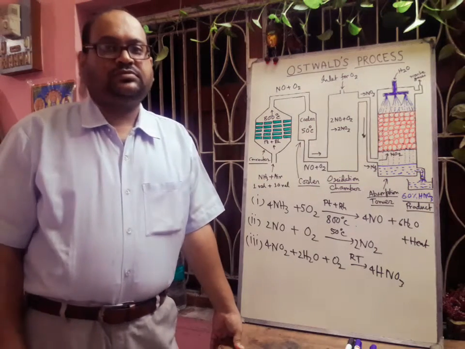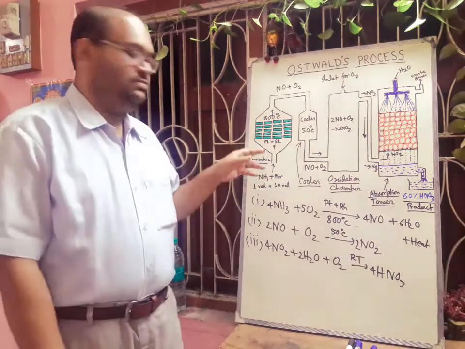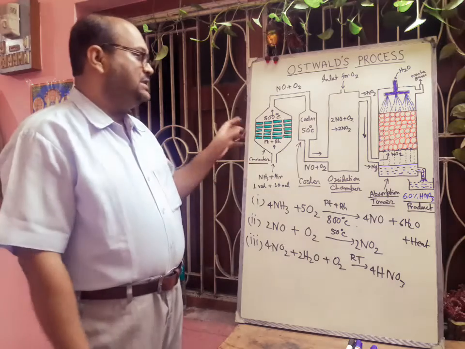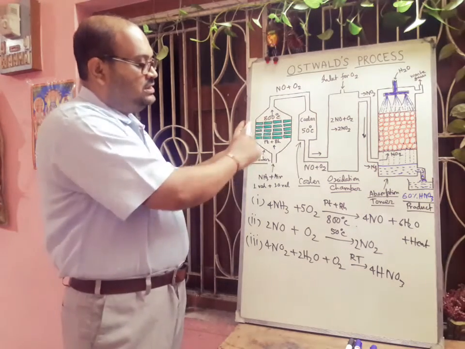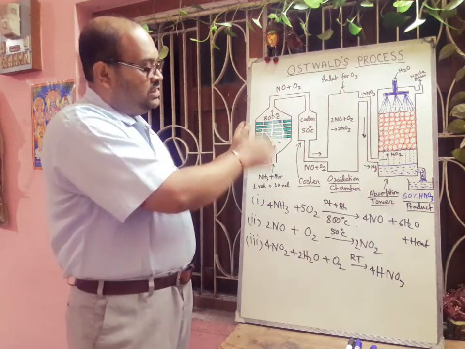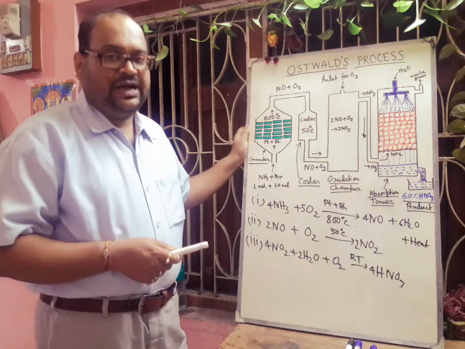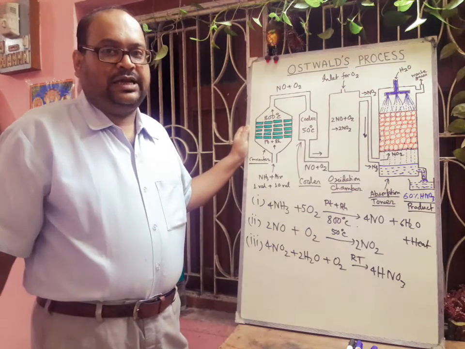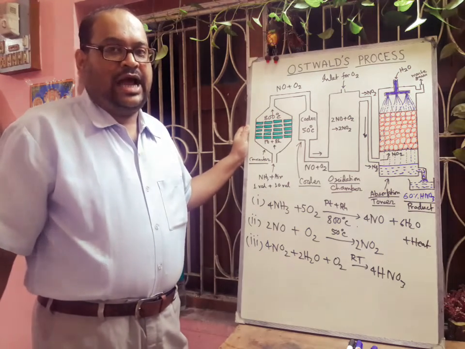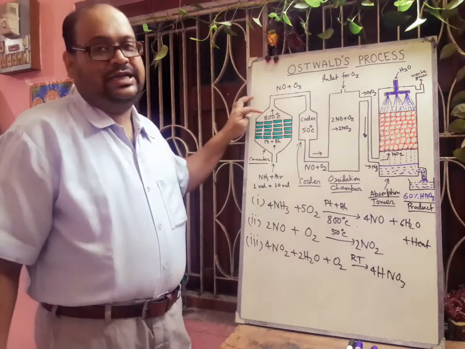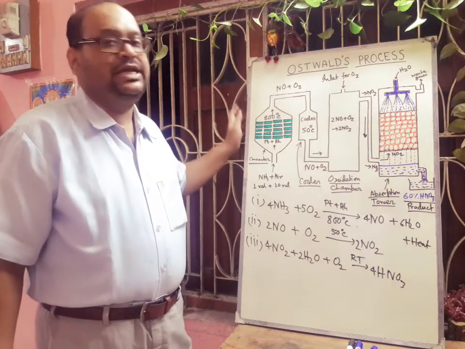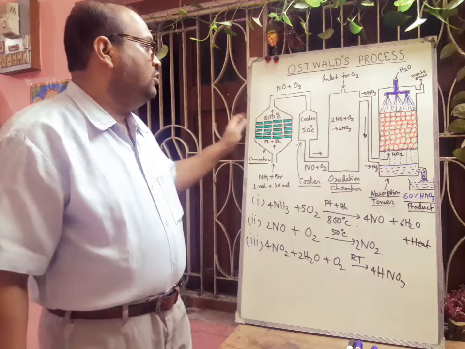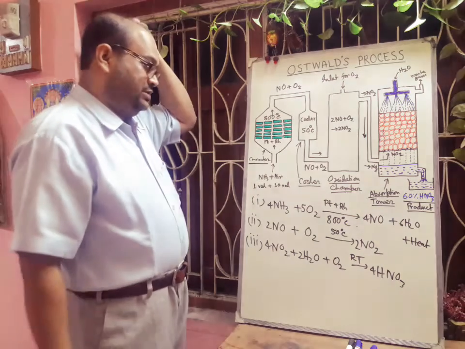The converter is made of steel and packed with a catalyst containing 90% platinum and 10% rhodium, this green portion. Next, the converter is heated electrically at about 800 degrees centigrade to produce nitric oxide.